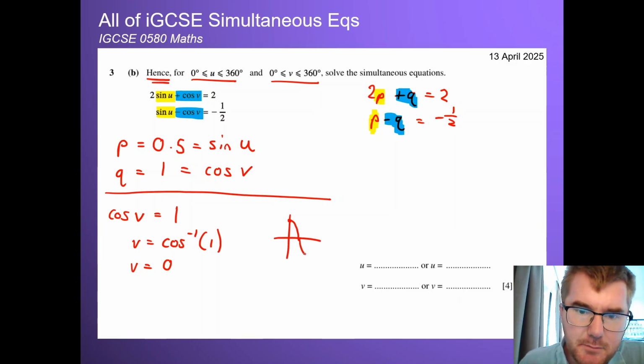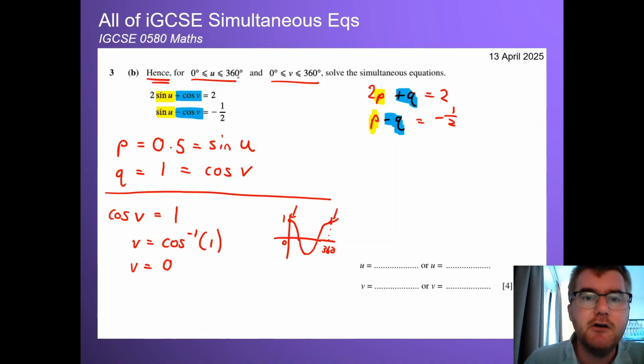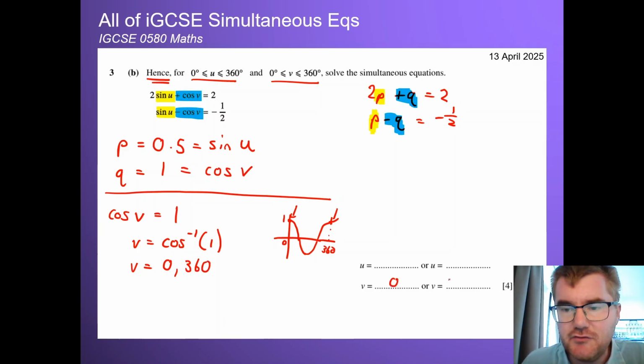But notice it goes back to 1 at 360. Again, you need to know these graphs essentially off by heart. So we've got 2 answers here. We've got the one the calculator gives, but don't forget we've also got this answer over here because we are including 360. So v is equal to 0 and 360 degrees. You can pop that in.